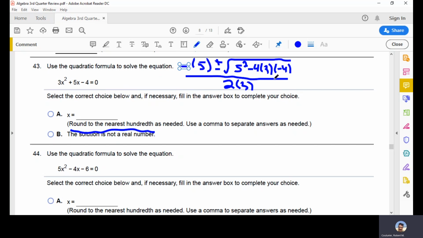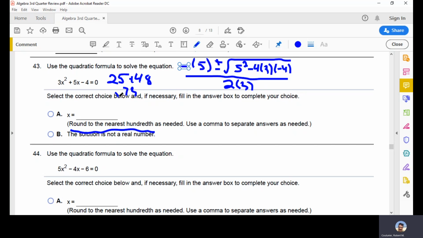Okay, side work, let's calculate this. So 5 squared is 25. And then you have a -4 times a -4 is a 16. And a 16 times 3 is 48. So 48 plus 25 is 73.